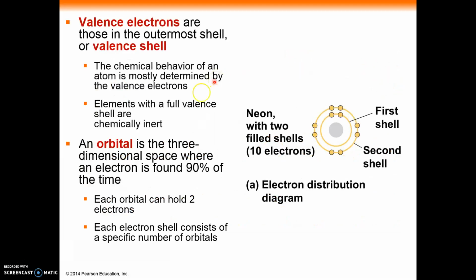So let's go back here and think about how we're representing this. Notice how we have 2 electrons that are kind of paired here, 2 paired here, 2 paired here, 2 paired here, and 2 paired here. Why do we represent it this way?